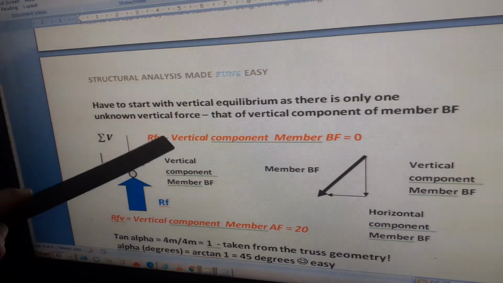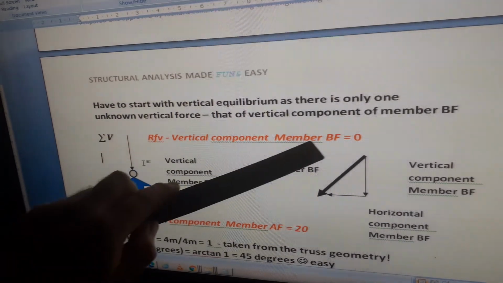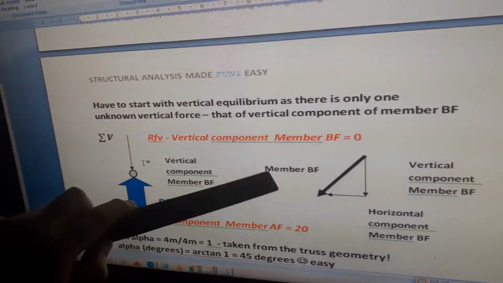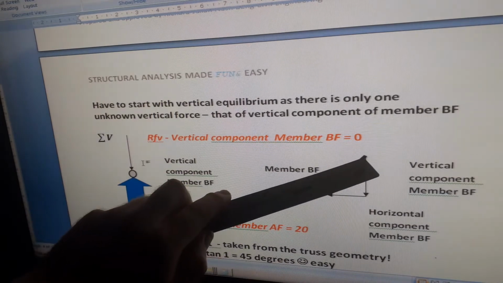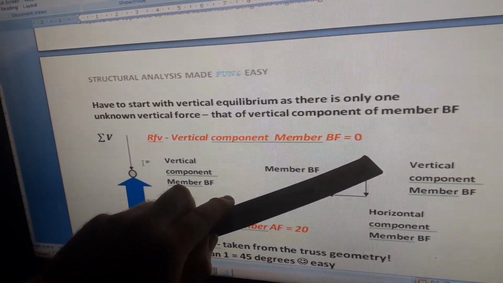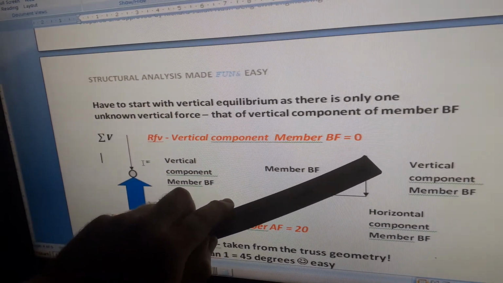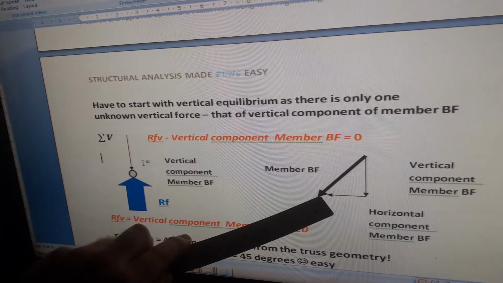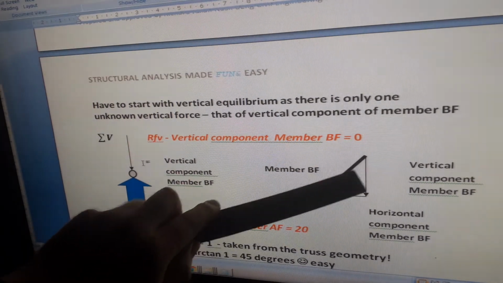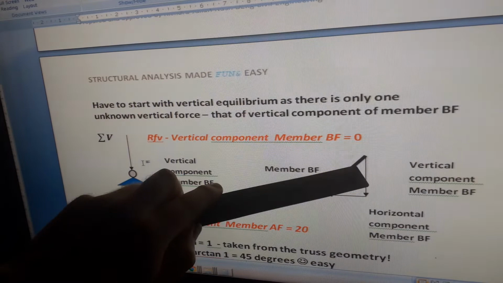RFV minus the vertical component of member BF equals 0. For member BF, I've drawn it as compression for the vertical part. The arrow is coming into the joint.